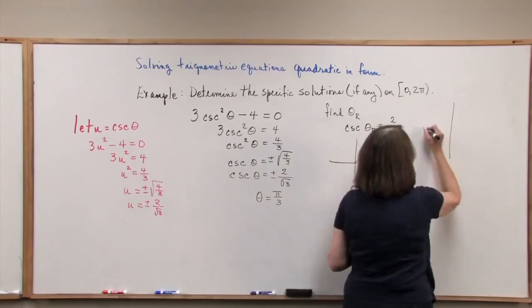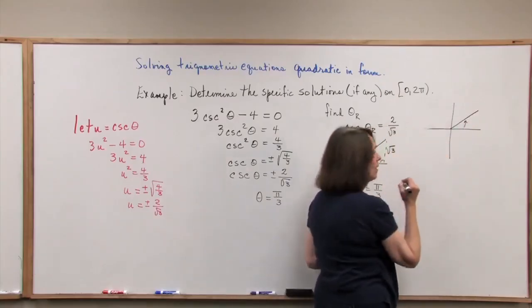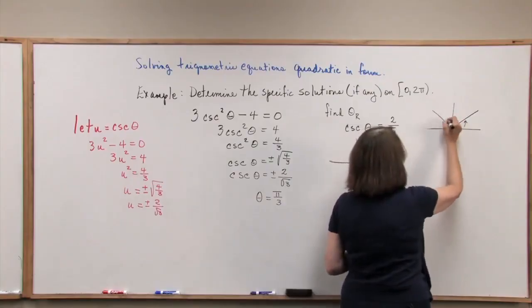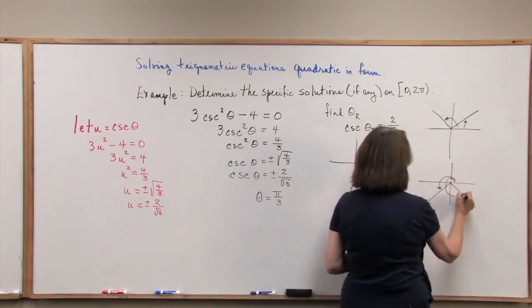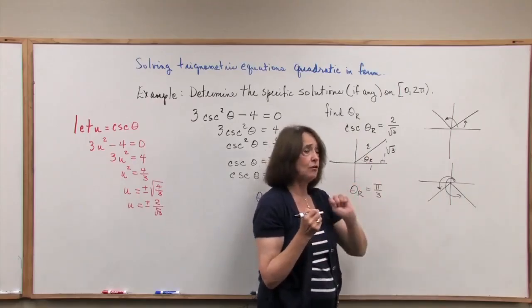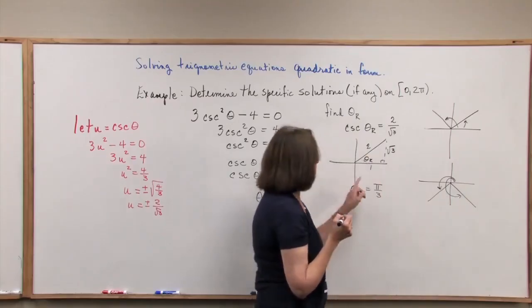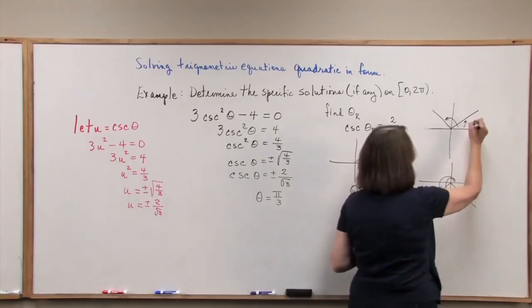But consider this. Cosecant is positive in quadrant 1. It's positive in quadrant 2. It's negative in quadrant 3. And negative in quadrant 4. So we have 4 solutions. Okay, pi over 3 is our solution in quadrant 1.